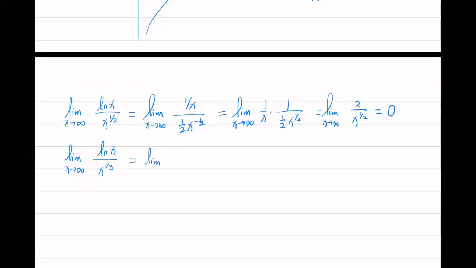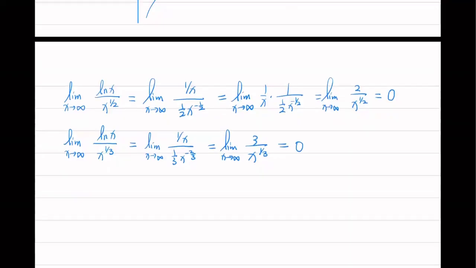Okay, what's the numerator? Denominator? How do you simplify this? Okay, what's this limit? 0. Okay, now which one goes to infinity slower?